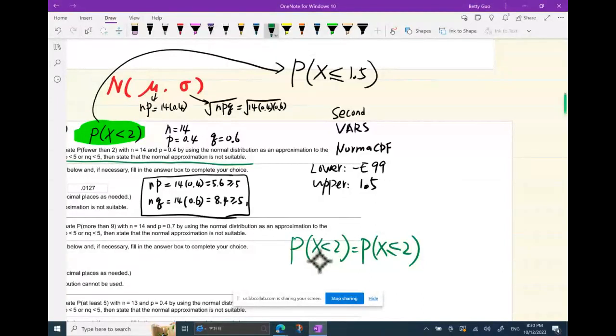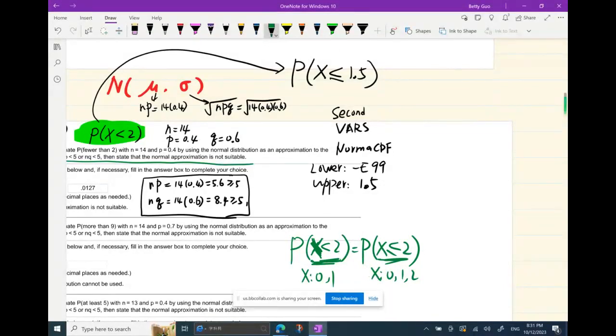Because if x is discrete, like a binomial, then this means x assumes 0 and 1, and this means x assumes 0, 1, 2. How could they have the same probability? They don't, okay? Again, as a discrete random variable binomial, those two probabilities are different.